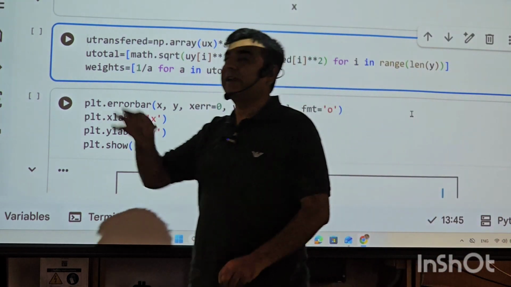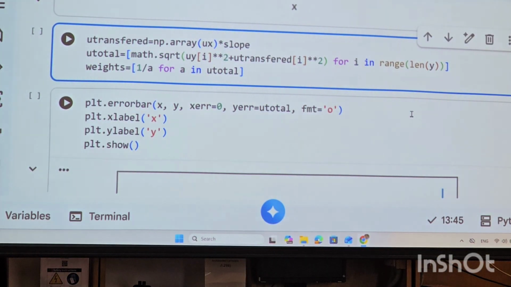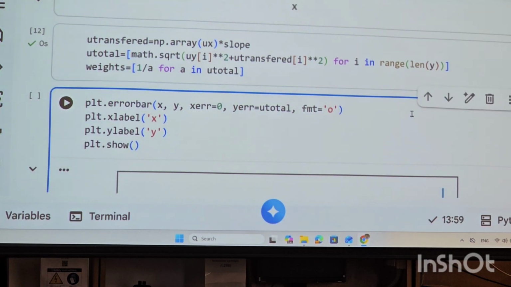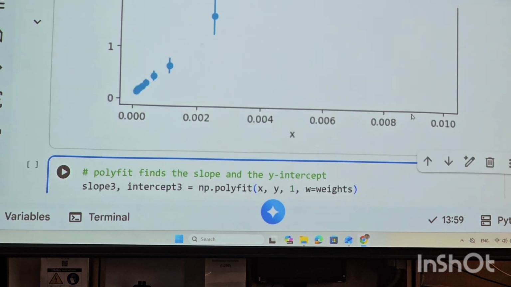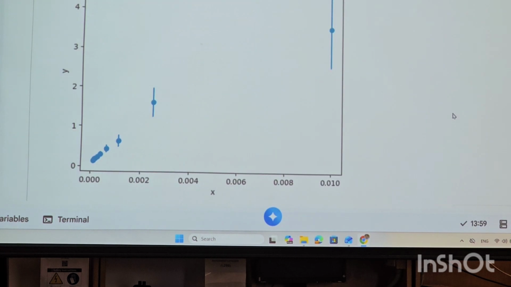Now I would like to make a plot with error bars, and there's no error along x. There's only uncertainty along y, which is this u total. So let me make that plot. Here you go.